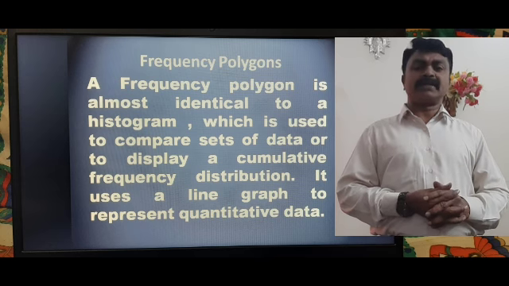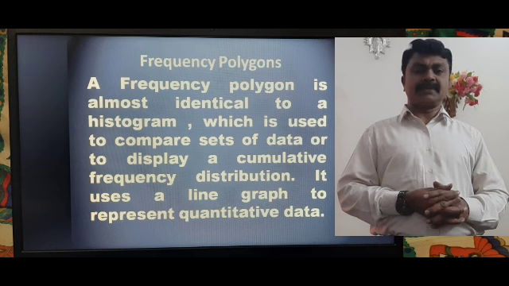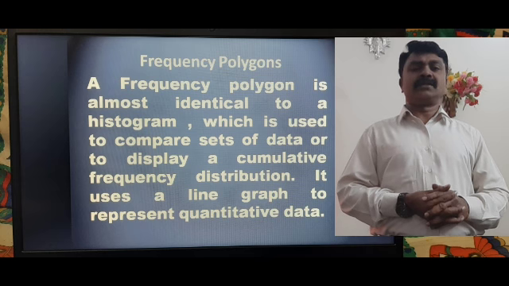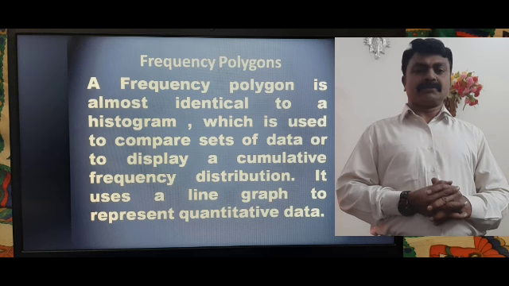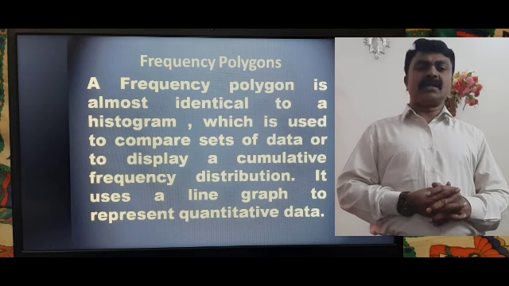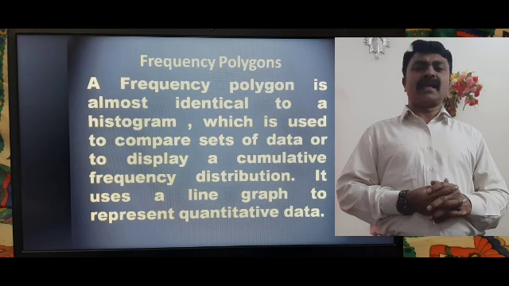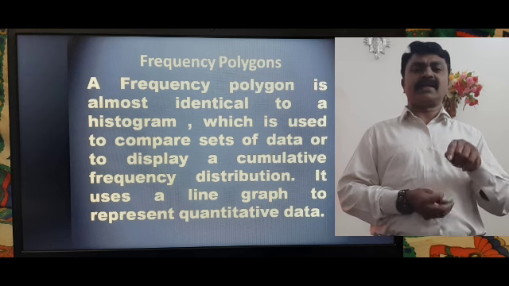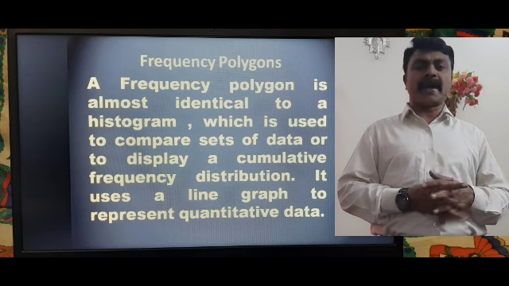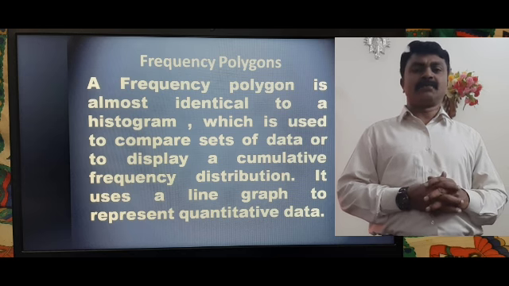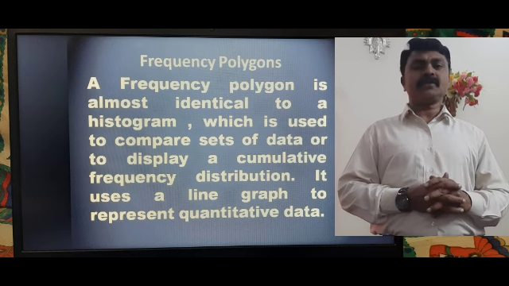In economic statistics, the economics subject itself, the best examples are demand, utility, consumption. Everywhere we can see the polygon graphs, plotted on a horizontal axis as well as a vertical axis. Then we get the connectivity of all the plotted points.